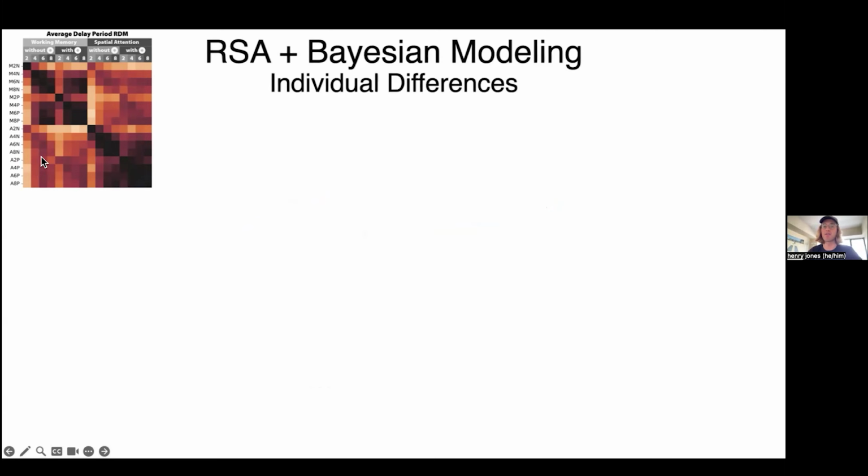Now, the last part of this method is that when we fit the model, we actually don't fit it to just the average dissimilarities, which you can do, but we fit it to all of the individually estimated dissimilarity matrices at once. Once we have that, we can get a posterior distribution for each individual, and we can break it into high capacity and low capacity.